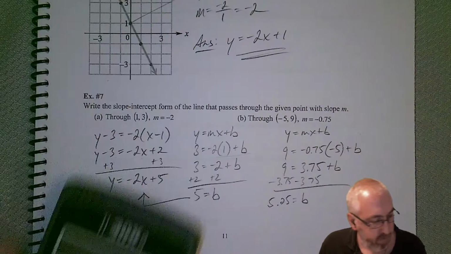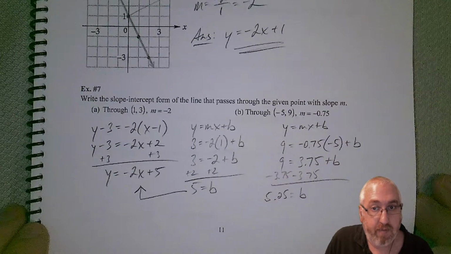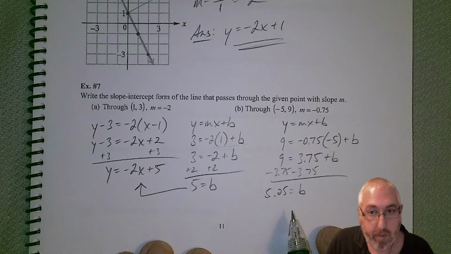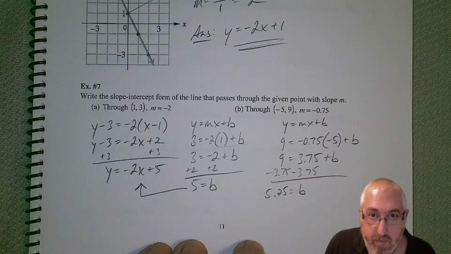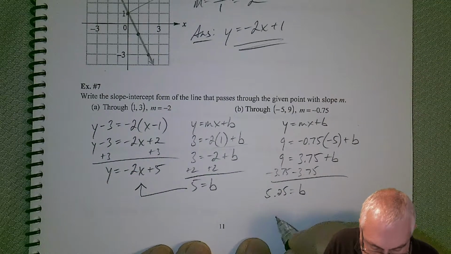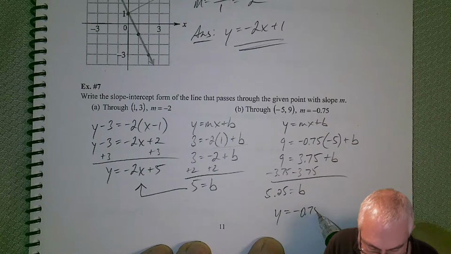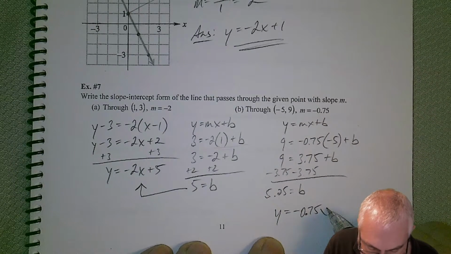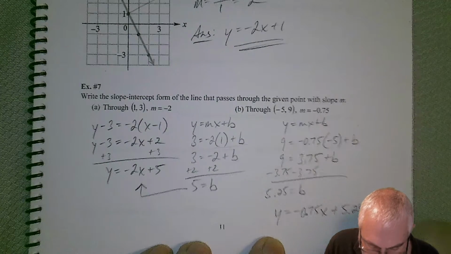So 5.25 for b, and now don't forget to finish it off. They don't want to know what b is, they want to know what the equation is. Find the slope-intercept form of the equation of the line. So y equals our slope, -0.75, x plus 5.25.